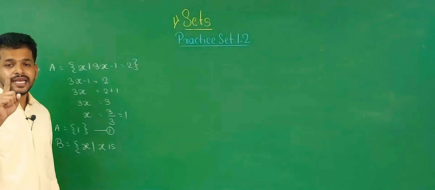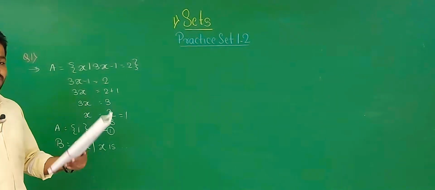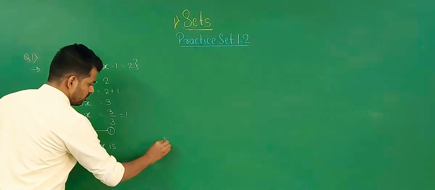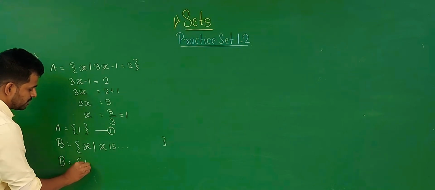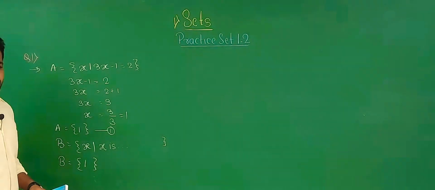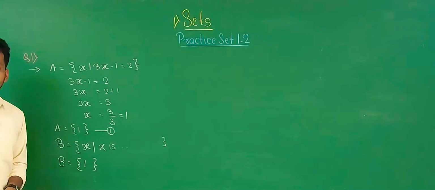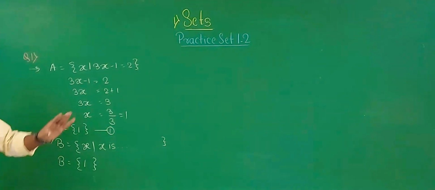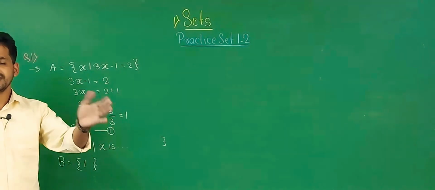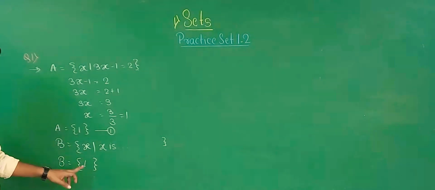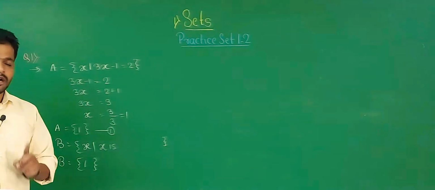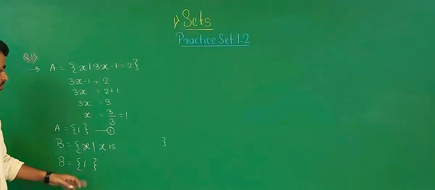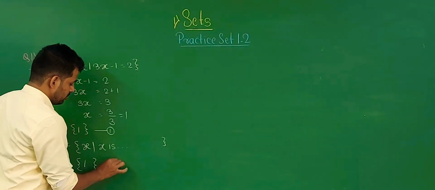It is a basic question: one is not prime and also not composite. The remaining numbers are either prime or composite. So B is equal to 1, equation number 2.